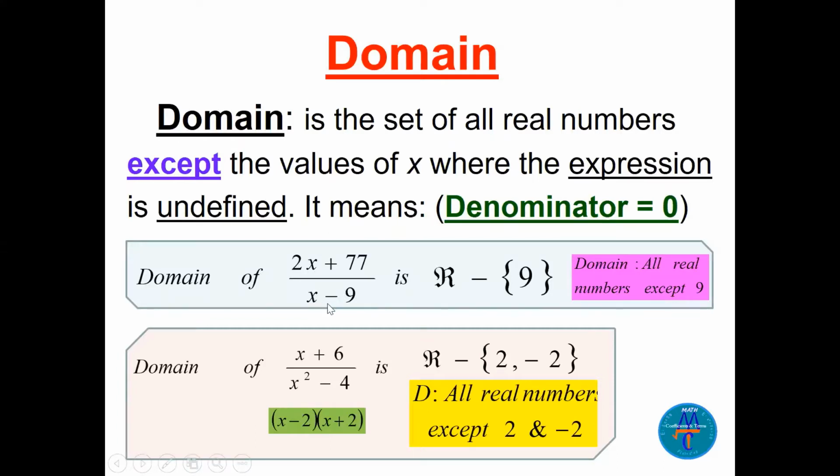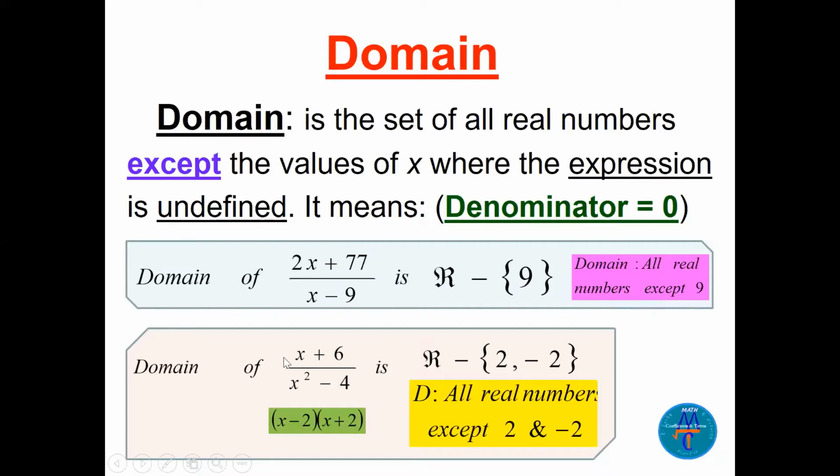So the number that will make the denominator 0, which is 9, should be excluded, taken out. It is outside the domain. So the domain is all the values of x that will make the whole expression defined. So R minus 9, or we say all real numbers except 9.